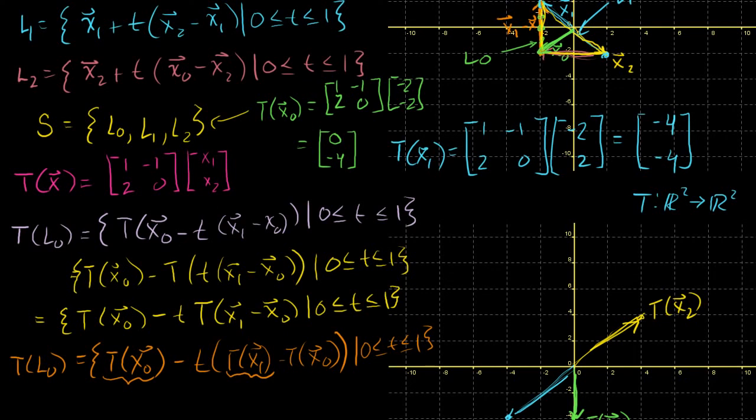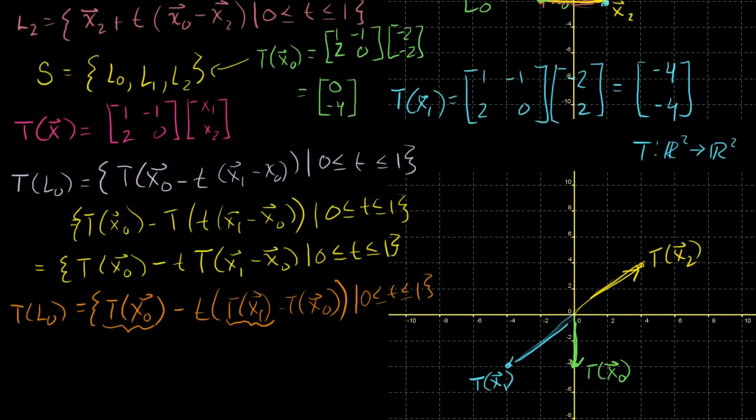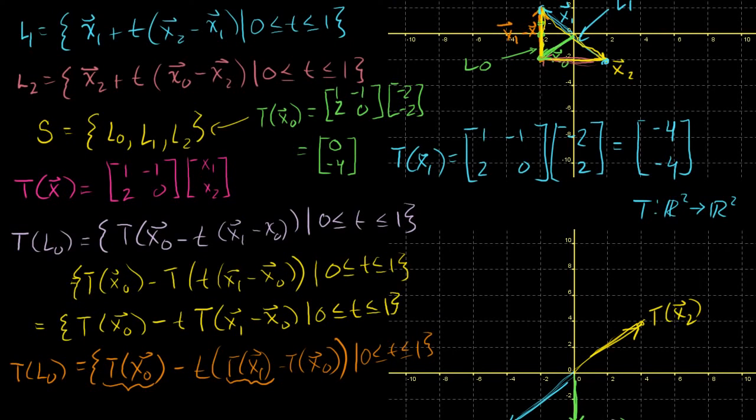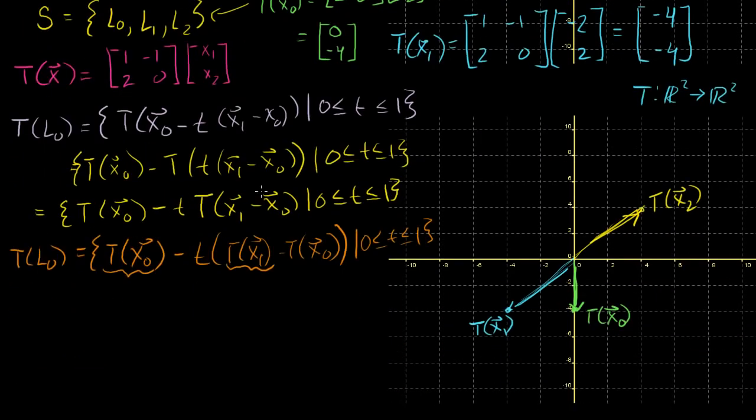When we just did the first side, L naught right there, using the properties of a linear transformation, the definition of a linear transformation actually, we found that the transformation of L naught, of this vertical line here, just ends up becoming the line where we start off at the transformation of x naught. That's this point, the point specified by this vector right here. And to that, I add scaled multiples of the transformation of x1 minus the transformation of x naught.